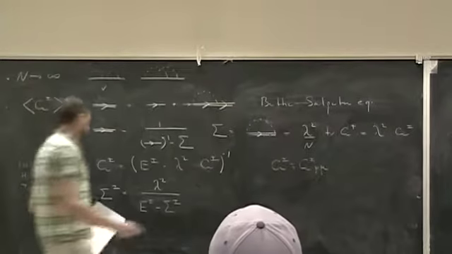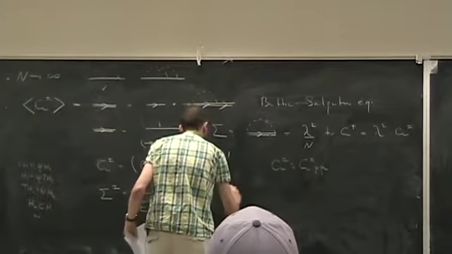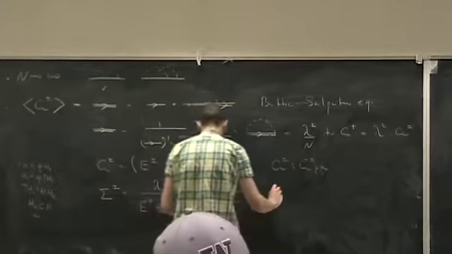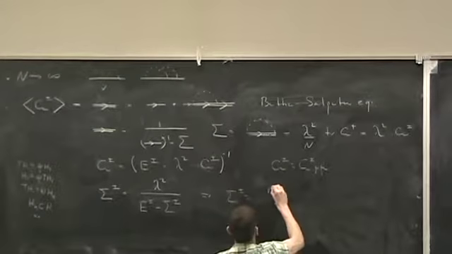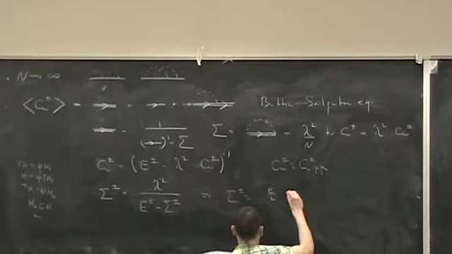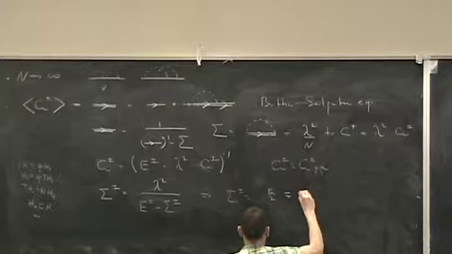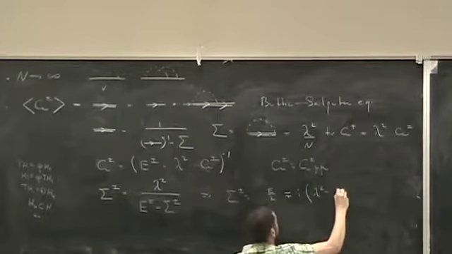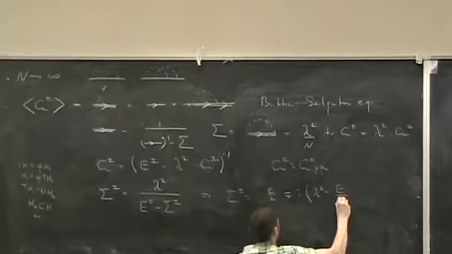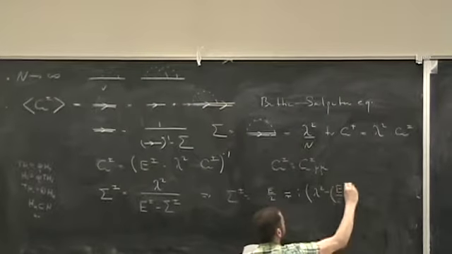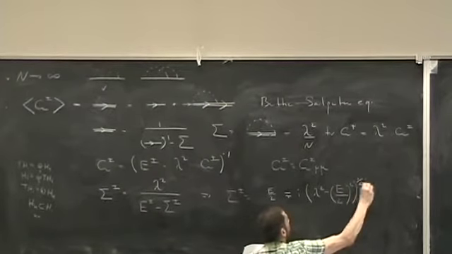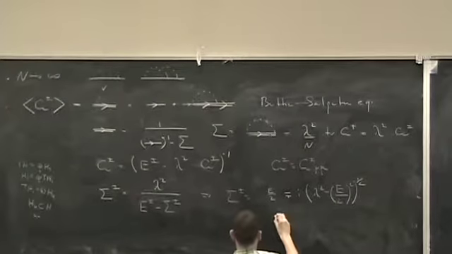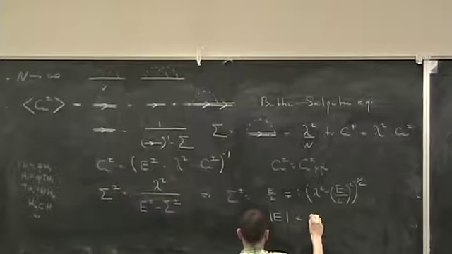So we can solve that and write sigma plus minus equals E over 2 minus plus i times the square root of lambda squared minus (E over 2) squared, provided modulus E is smaller than 2 lambda.